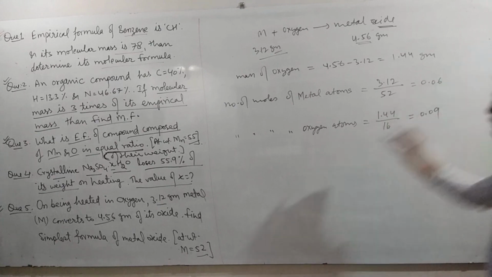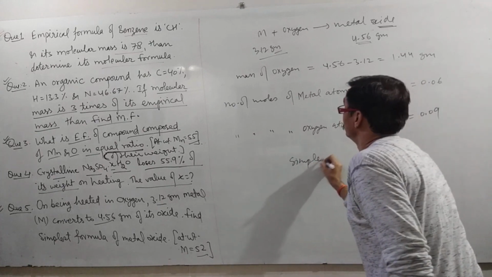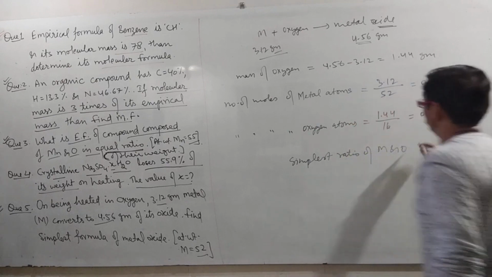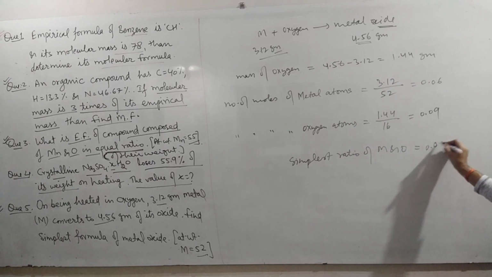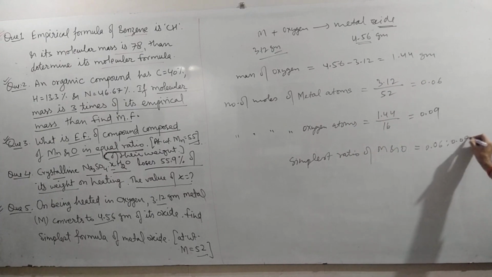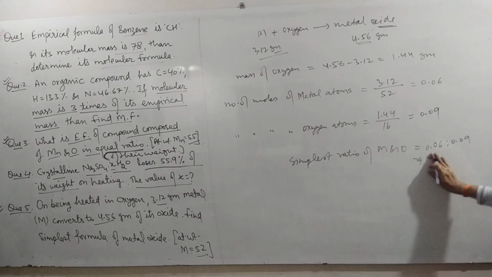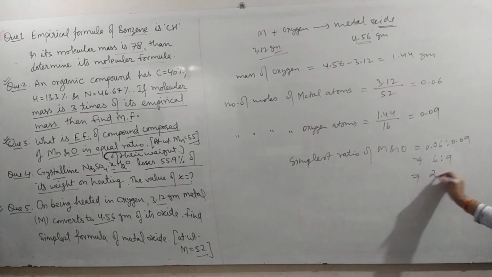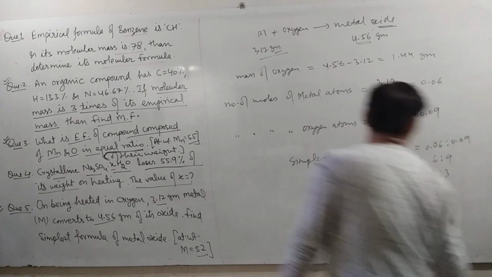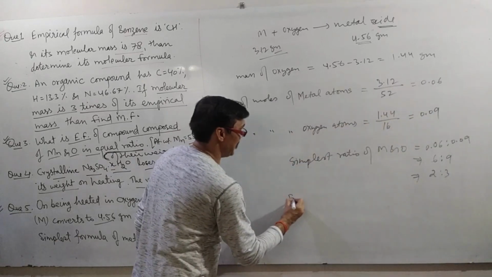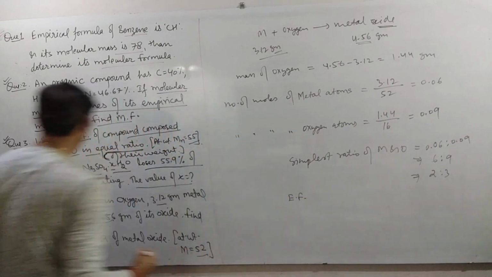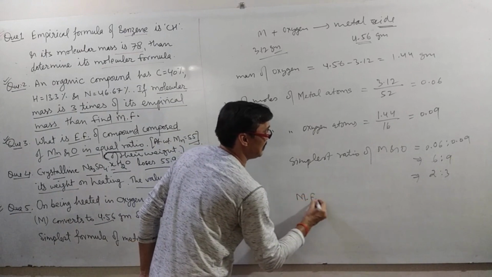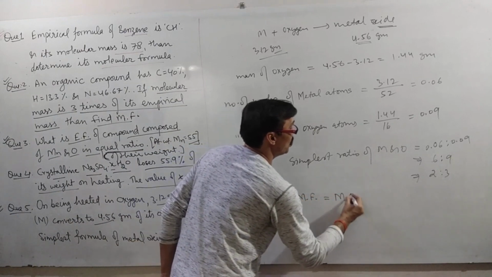So the simplest ratio of metal and oxygen will be 0.06:0.09, that is 6:9. Now divide by 3, 2:3. So the empirical formula of the metal oxide is M2O3.